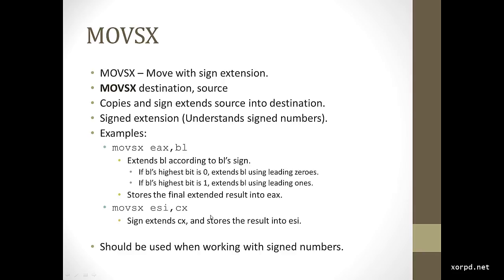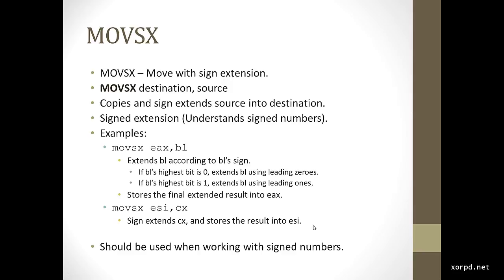You can use any combination that you like as long as the destination, which is the left-hand argument, is of larger size than the source argument. So this one, not very surprisingly, just sign extends CX and then stores the result into ESI.